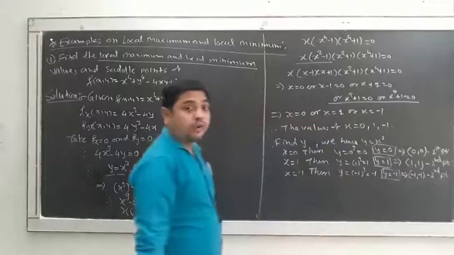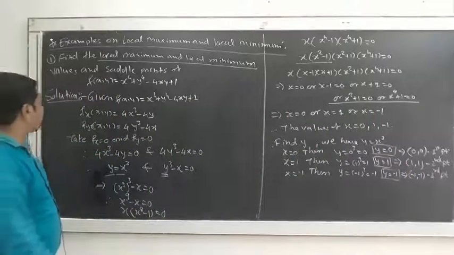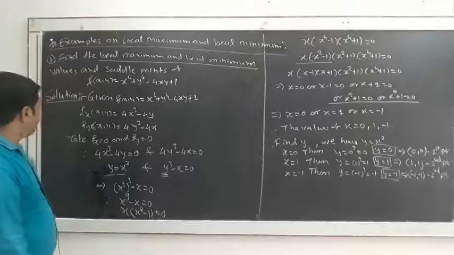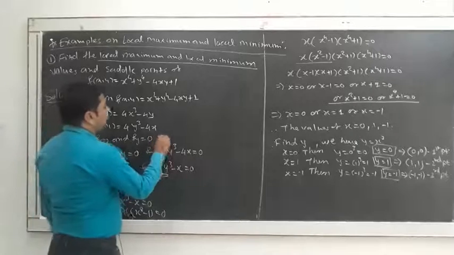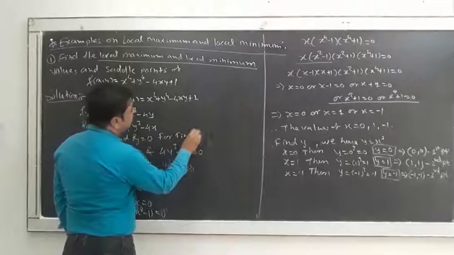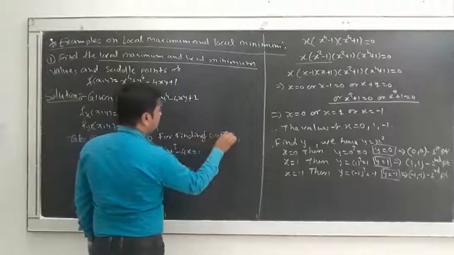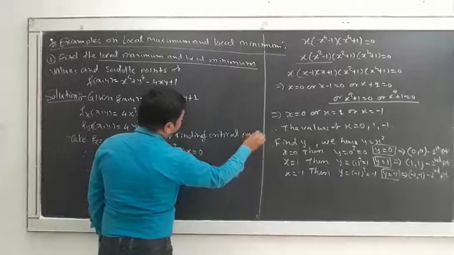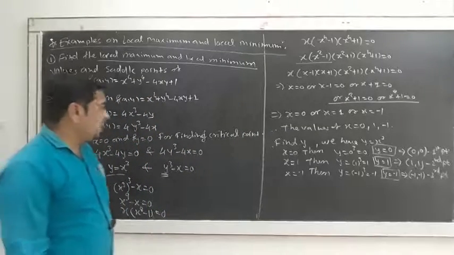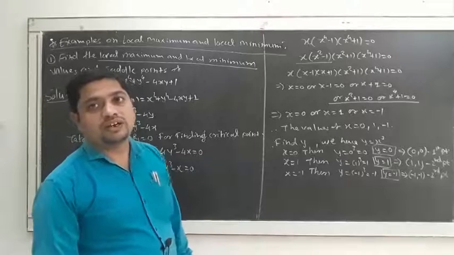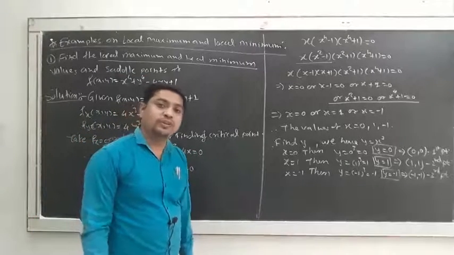These are the critical points, where we wrote fx is equal to 0 and fy is equal to 0 for finding critical points. For finding critical points we must take the first derivatives equal to zero and then factorize or solve the given equation, and you will get the critical points.